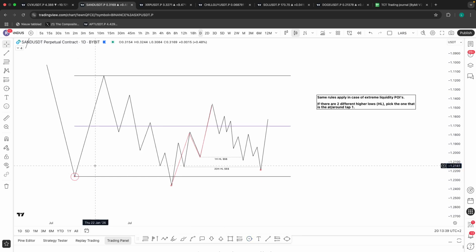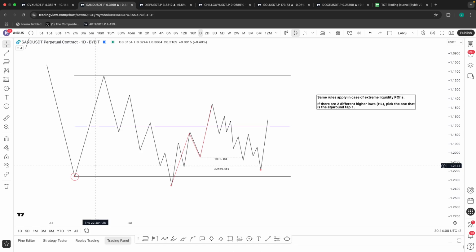We want to be trading or using the extreme point that is the closest around tab 1, preferably a deviation of tab 1. You don't always get the deviation, which is completely fine, but then you're picking the POI that is the closest to being around tab 1.